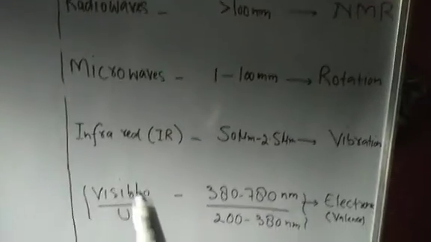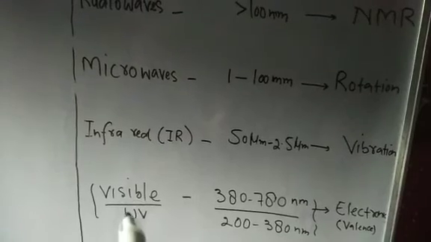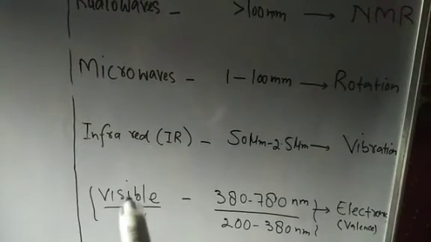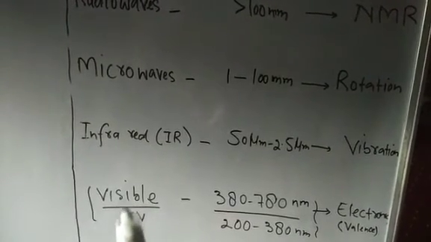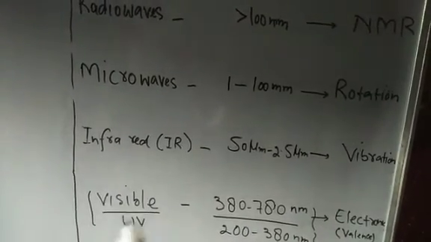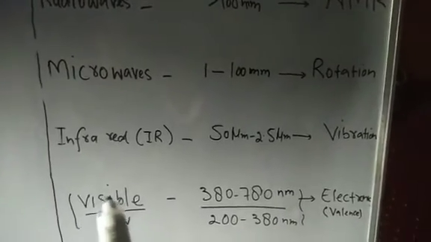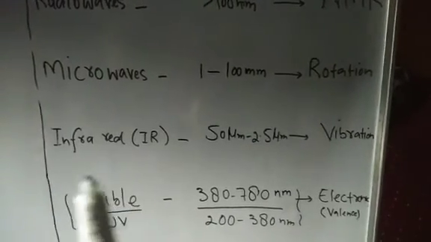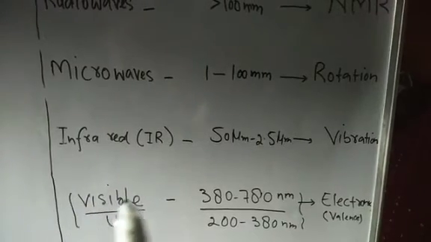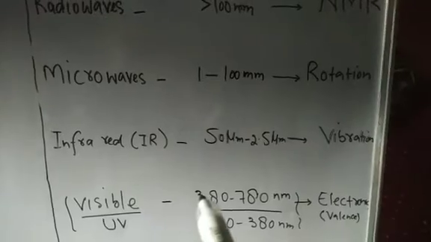So the next is UV visible. That's visible and ultraviolet radiation. I have shown them here together as visible by UV. It's because both lead to electronic changes in the molecule, electron transitions. Visible is the range of radiation which our eye, the human eye, perceives.